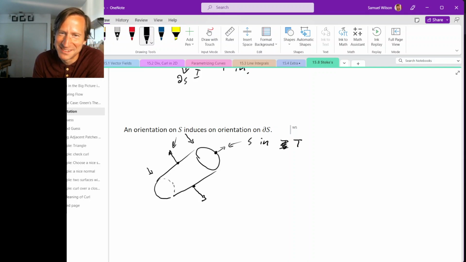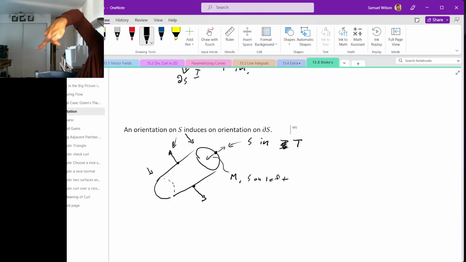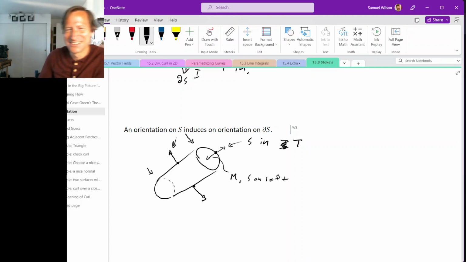Okay, at this point, the surface itself is to the lower left, and this is going to be our middle finger. So the surface is on the left. And if I try to orient my hand to make that happen, I have to make my index finger point this way.